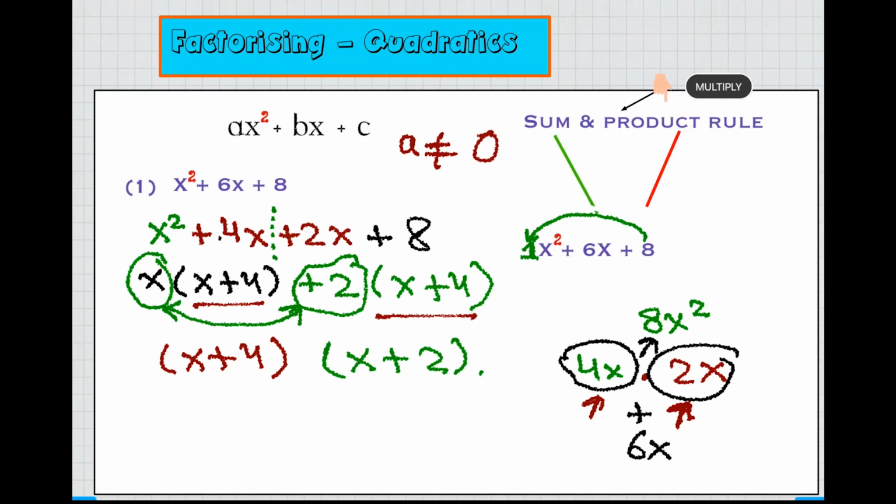Combine x plus 4 and write them as once, and then you need to write x plus 2 next to x plus 4. So that would be your answer. Please practice this same question which I've done, 2 to 3 times, so you register all the steps and commit all the steps to your memory, and then practice the next question.